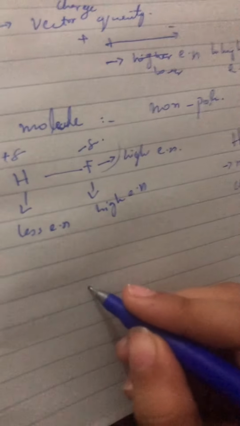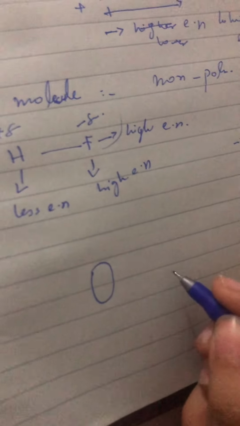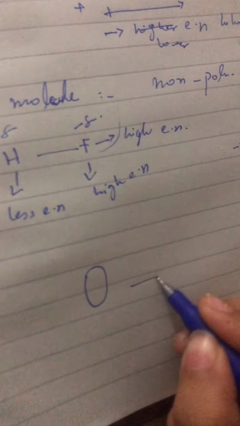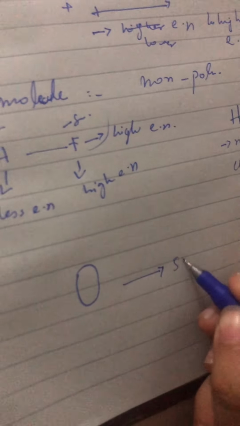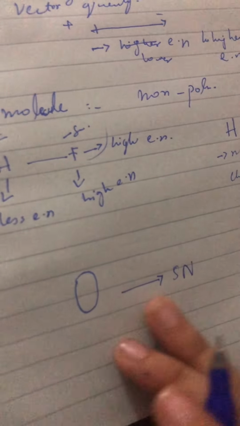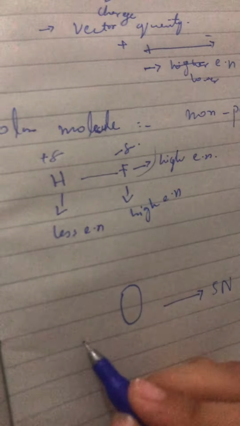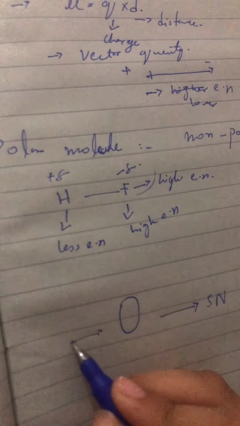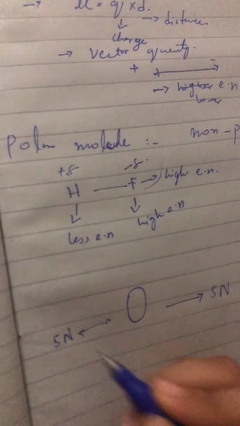Now let's take the example that this is a ball, right? And from here one person is taking a force of 5 Newton, and from here also 5 Newton force.